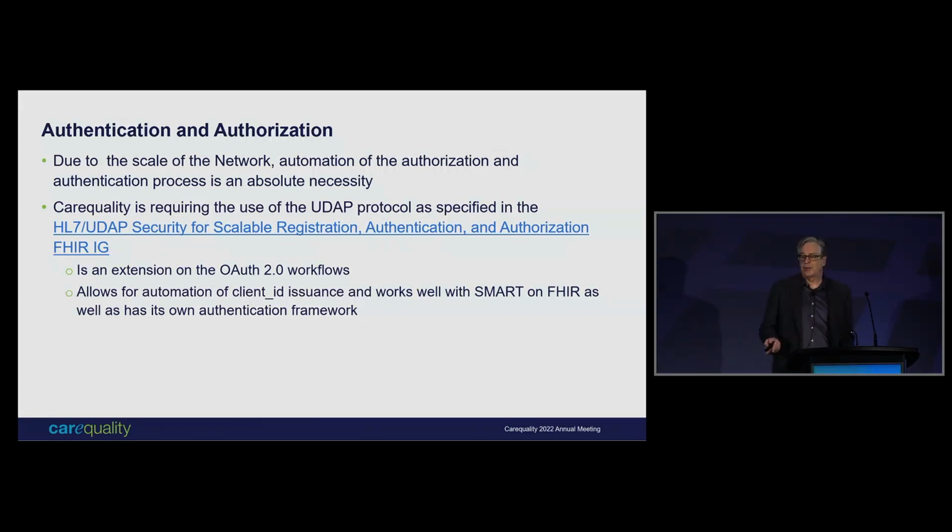It's an extension of OAuth 2, and what it does is basically take the OAuth flow and automate as many parts of it as possible, and allows for automation of the client ID and authentication token, authorization. All of it can be done without human intervention, which is what we need. If we're going to do this at scale, we got to take the people out of it.